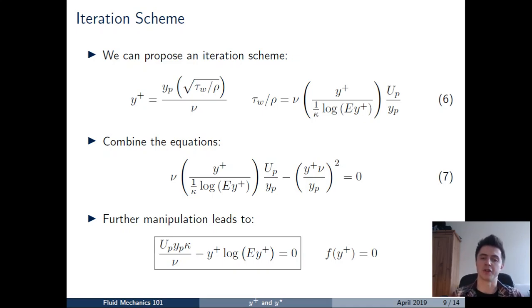So when the function is written in this form, equation 8, we can easily use a root finding algorithm such as the bisection method or the Newton-Raphson method to find the solution to equation 8 to give us our yPlus. And what we would have to do is solve that equation 8 iteratively for every boundary cell in the mesh during every iteration. But we could do that to get yPlus.